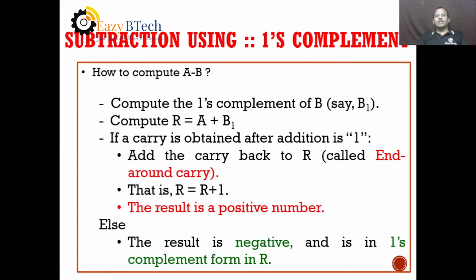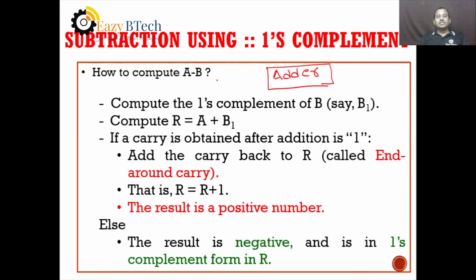The advantage of doing the subtraction operation using 1's complement method is that we can use the same adder circuit to do the subtraction also. That is the advantage of using 1's complement method. We don't require any additional hardware. So hardware will be reduced if we use the 1's complement method.